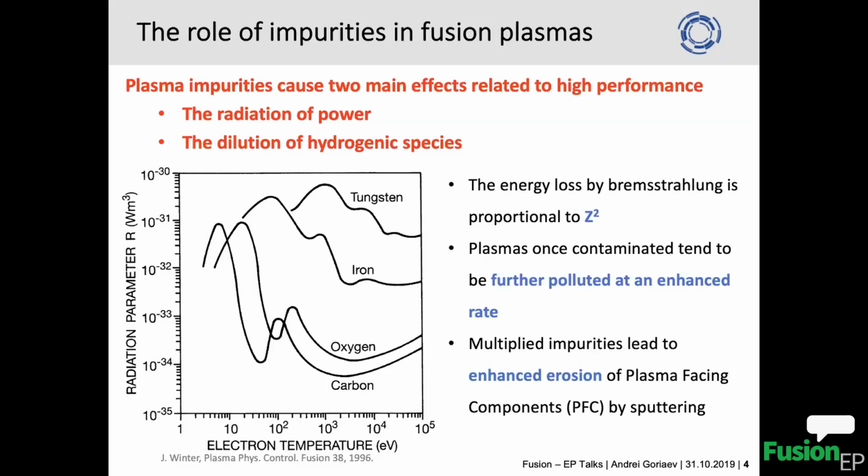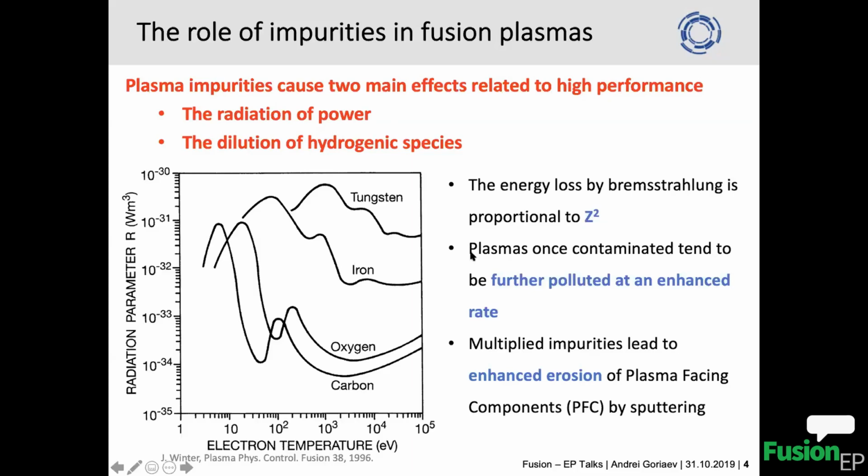For instance, here you can see the different impurities and their influence on the radiation. First of all, if we take into account only Bremsstrahlung in this case, the energy loss is proportional to the mass to charge ratio.